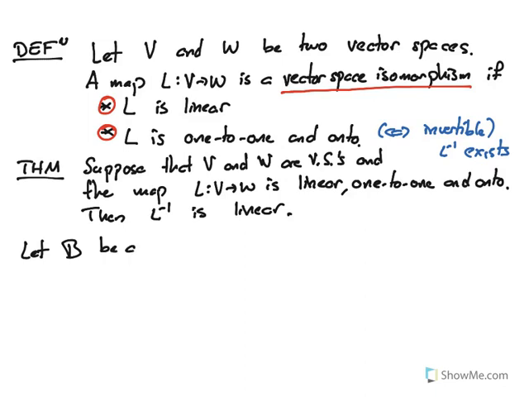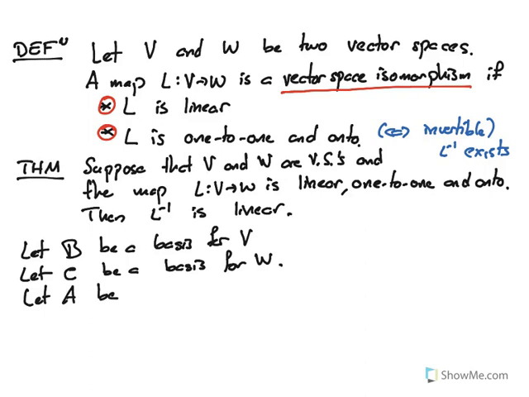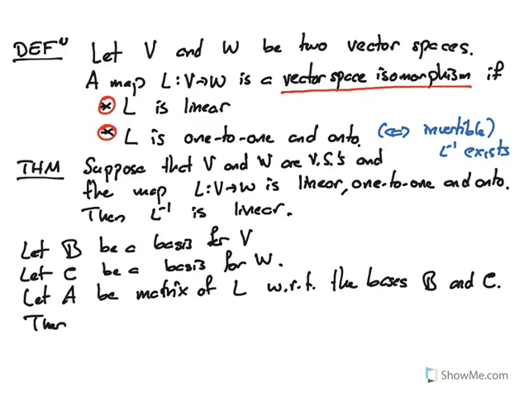Let B be a basis for V, and let C be a basis for W, and then let A be the matrix of L with respect to the basis B and C. Then L is an isomorphism if and only if A is an invertible matrix.